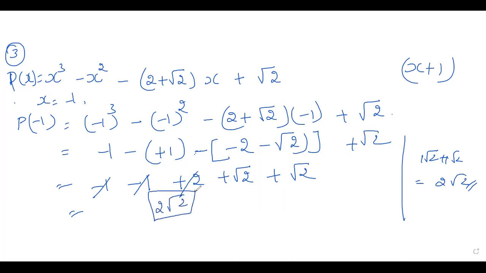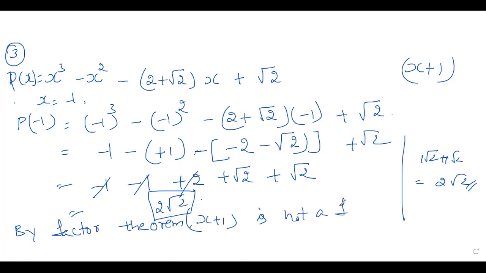So we are not getting 0 here, right? By factor theorem, x plus 1 is not a factor of the given polynomial, that is p of x.